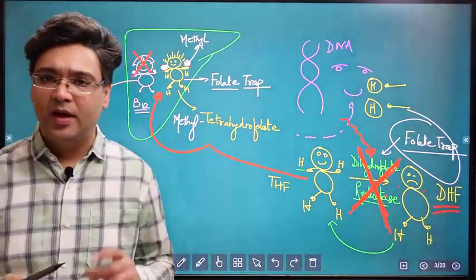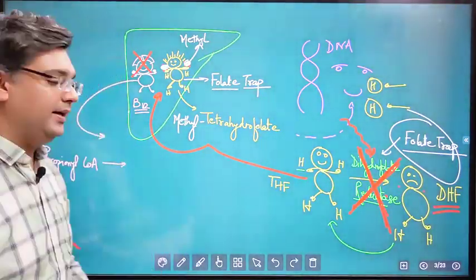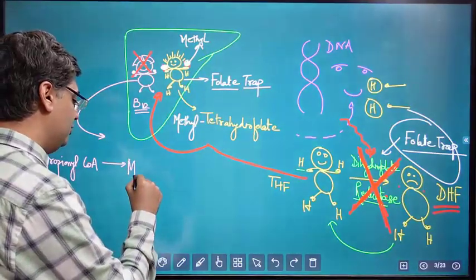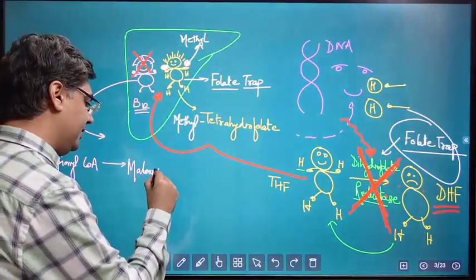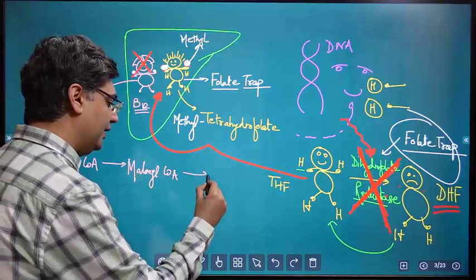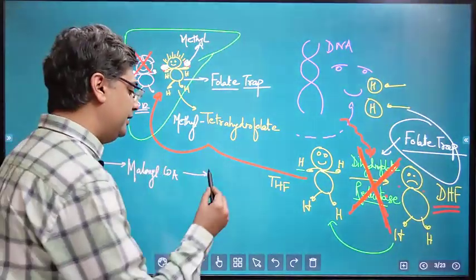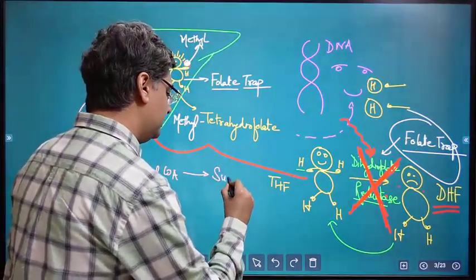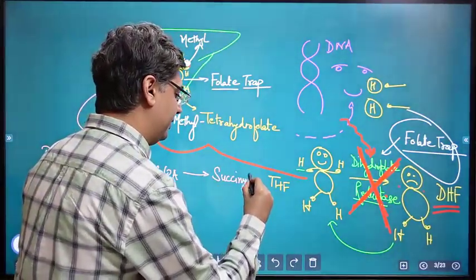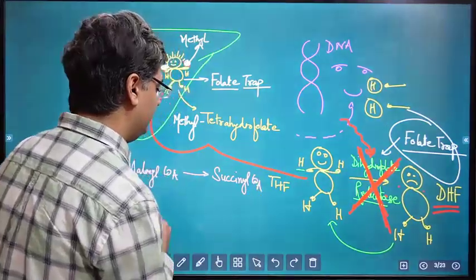coenzyme A, and propionyl coenzyme A needs to be converted into malonyl coenzyme A. Okay, and malonyl coenzyme A will finally be converted into succinyl coenzyme A. That's the reaction which you need to remember.